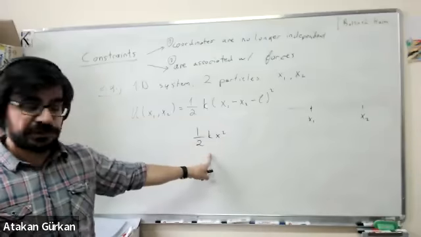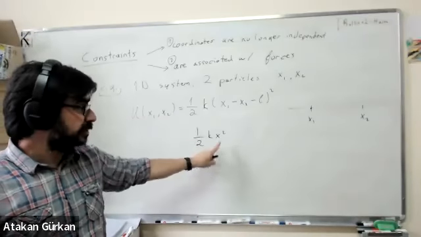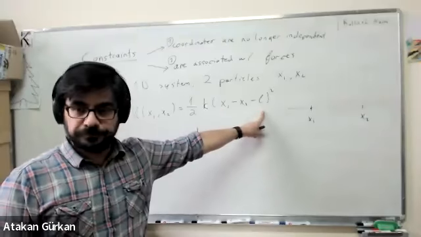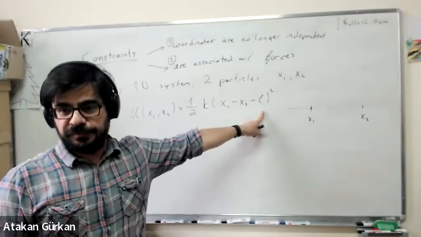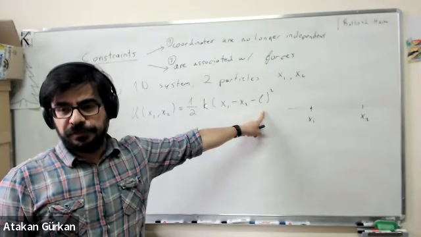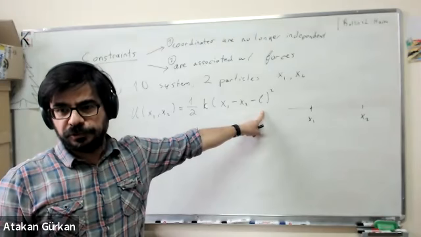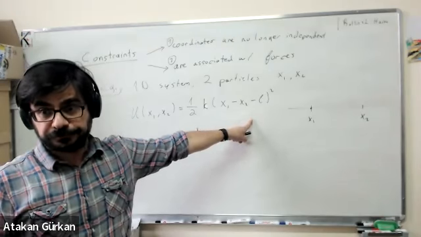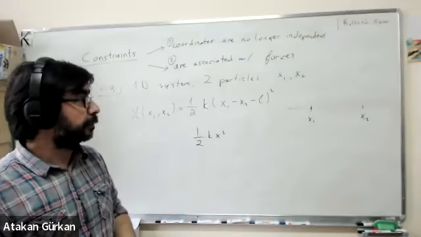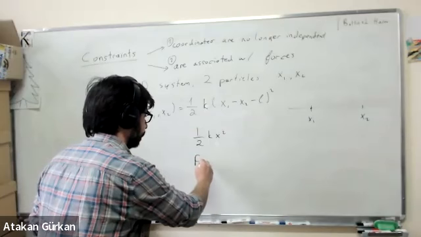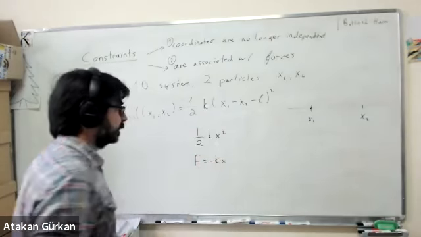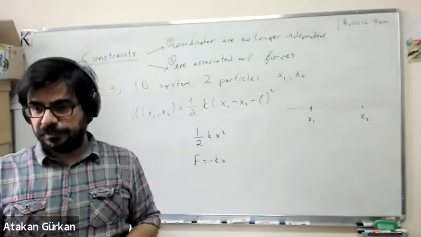It's the same situation as here, except instead of x, we have this. And the physical meaning of this is that there is an equilibrium distance between these two. If you deviate from this equilibrium distance, then you're going to have a restoring force. The restoring force is just going to be proportional to the distance, right? This is going to lead to something similar.